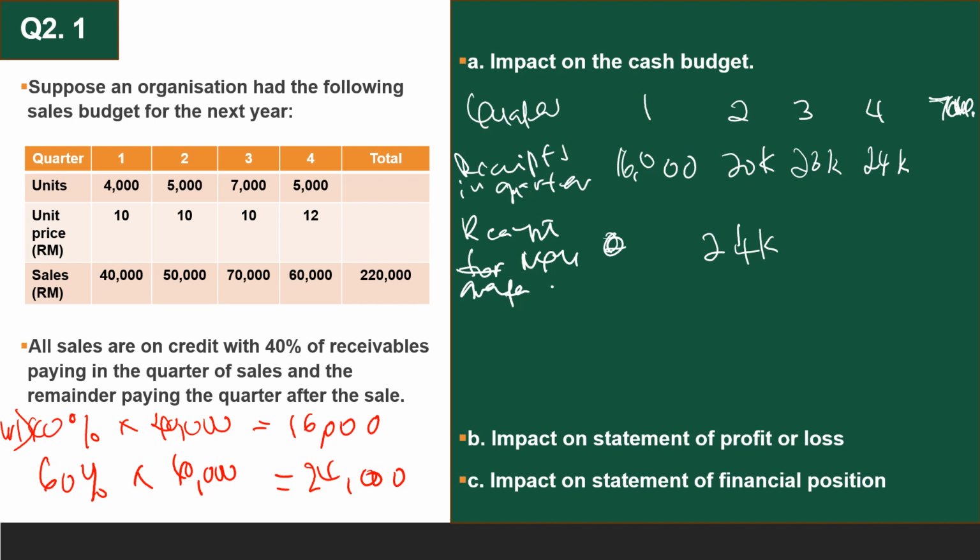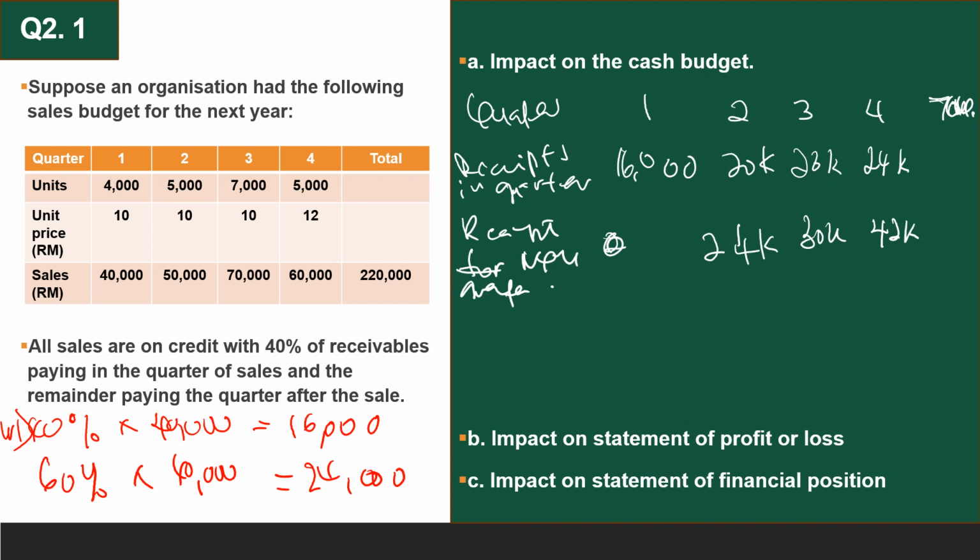It goes the same with the next quarter, you get 30K, and in the fourth quarter you get 42K. The balance for the fourth quarter goes to the first quarter of the next year.